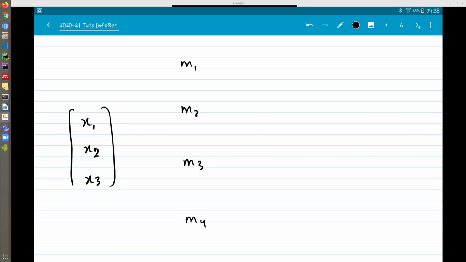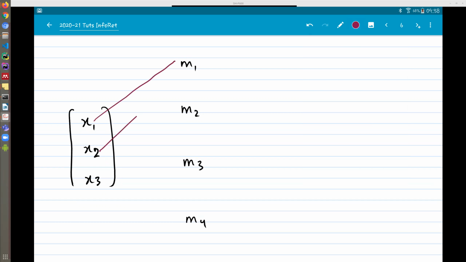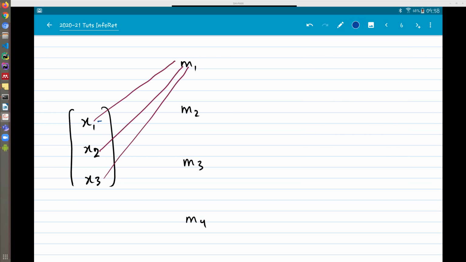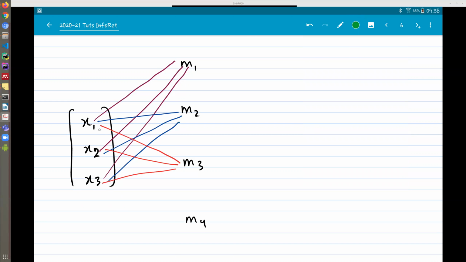So the way we can assume this is, we have these three weights going to m1, and then we have weights going to m2, and then we have weights going to m3, and in the end we have weights going to m4.